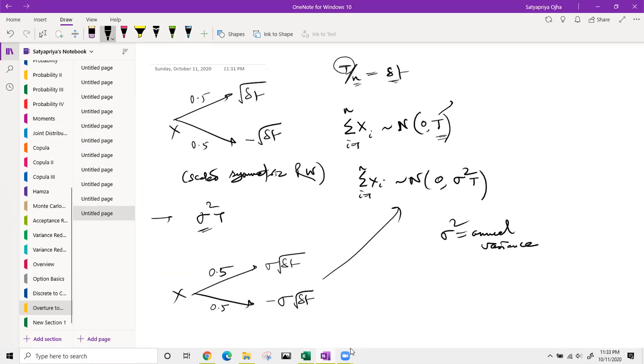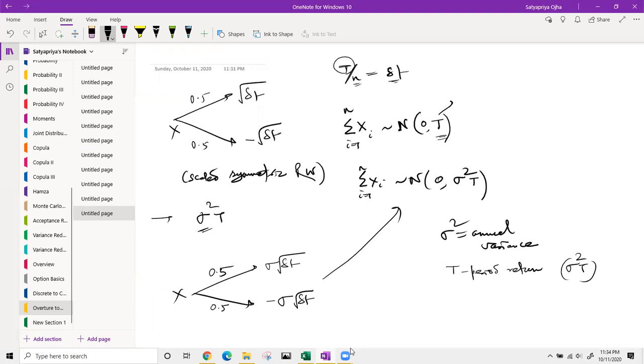We know that this is what we typically use for modeling returns, correct? If annual returns have variance sigma square, then a t period return will have a variance of sigma square t. Variance scales with time, not standard deviation.